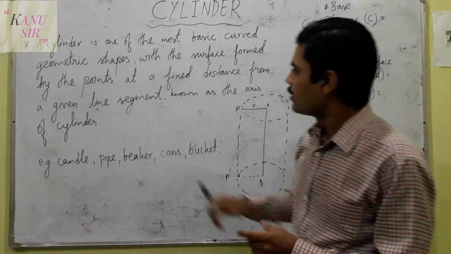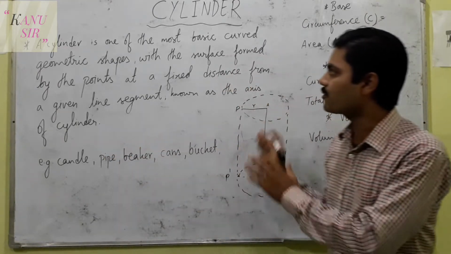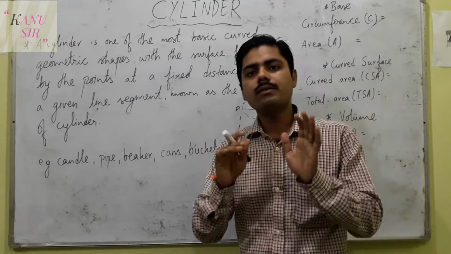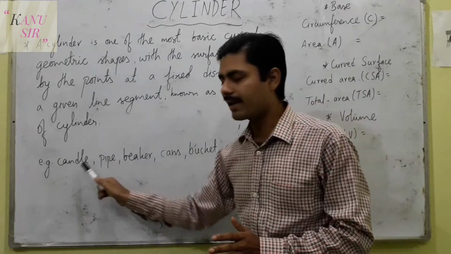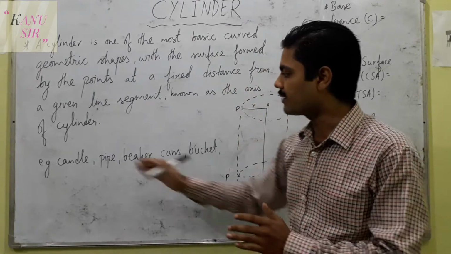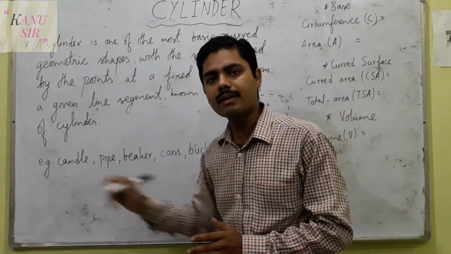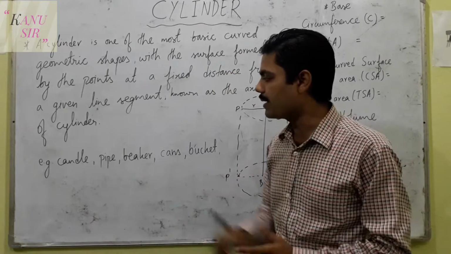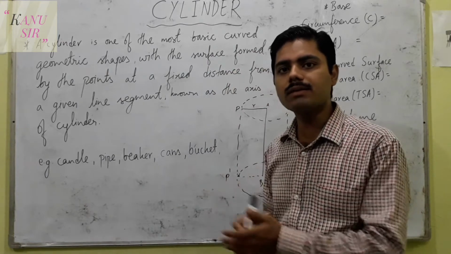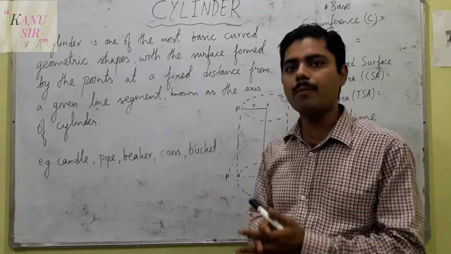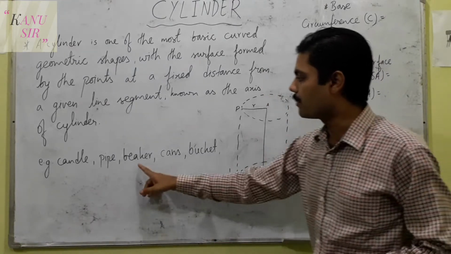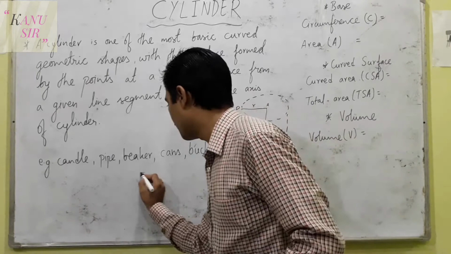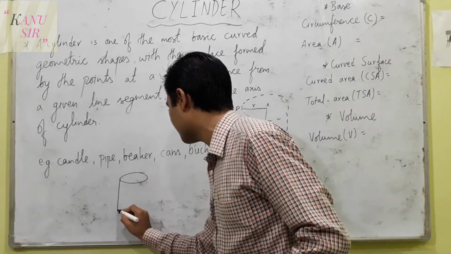For understanding the types of cylinder, you can see the objects around you. Mostly an object like a candle looks like a cylindrical shape. Pipes, water pipes, drainage pipes, any type of pipes, look like a cylinder. A beaker also looks like a cylinder.